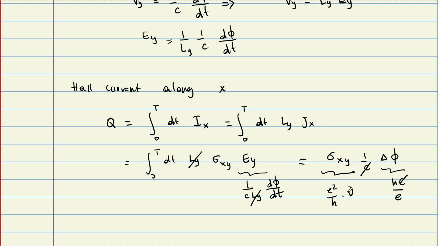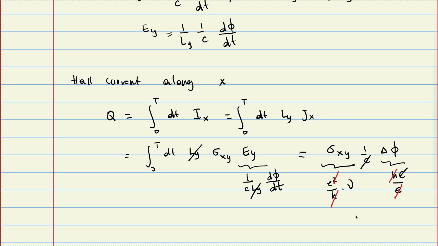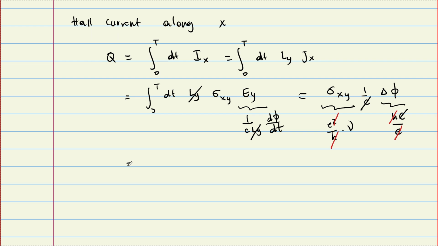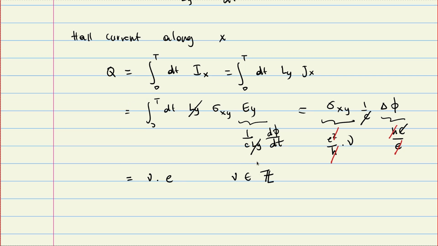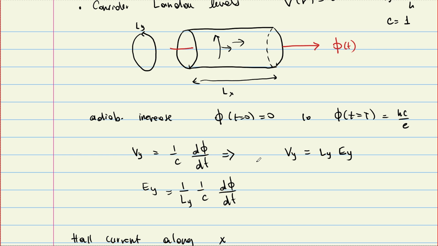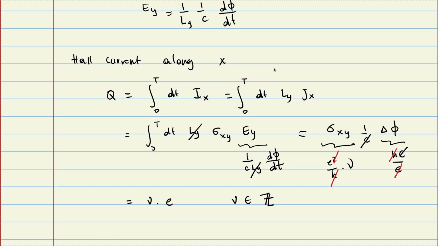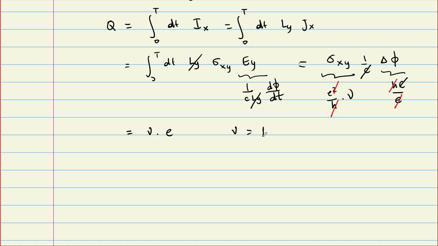Let's cancel everything and see what this gives us. The e cancels, the h cancels, and what is left is only nu times e, and nu is an integer. That means as you increase the flux from 0 to one flux quantum, there is one electron per Landau level transferred across the sample. That's only because nu is 1 for one Landau level.